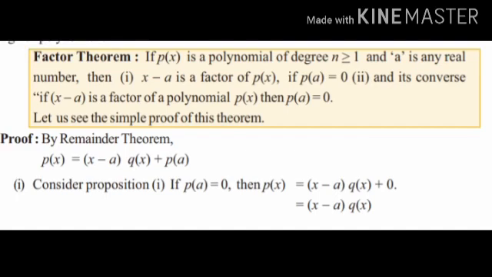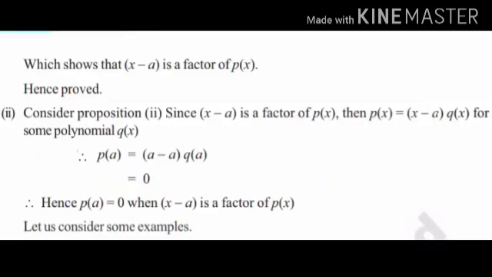The first one, consider proposition 1: if p(a) equals 0, then p(x) equals (x minus a) into q(x) plus 0. Since p(a) is 0, we get (x minus a) into q(x), which shows that x minus a is a factor of p(x).